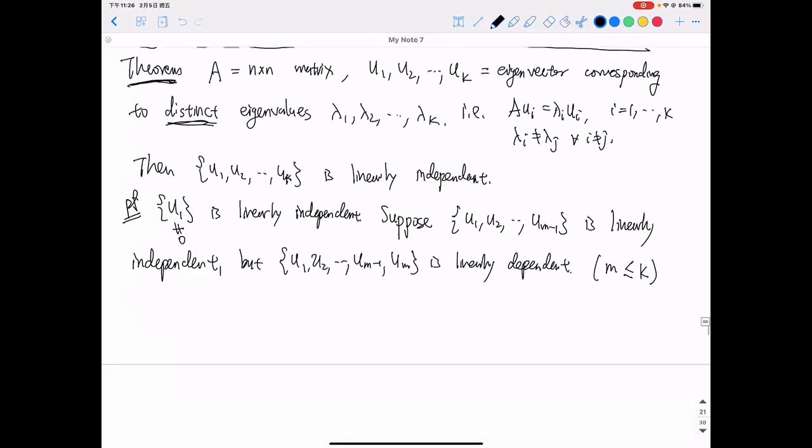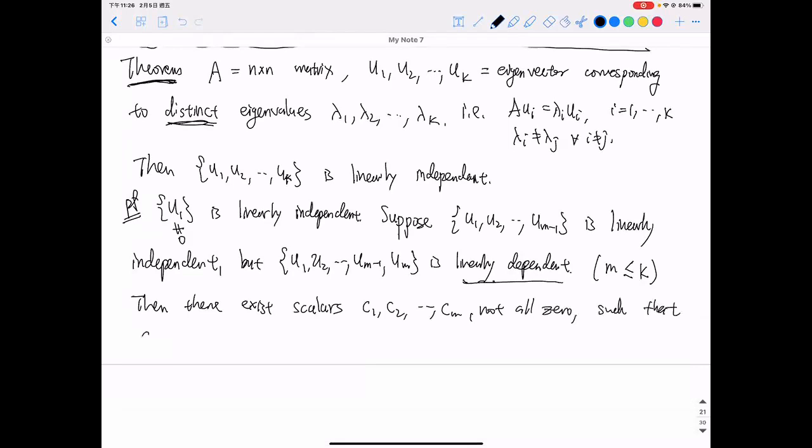Then what does this mean? Being linearly dependent here means that there exist scalars C1, C2 to Cm, not all 0, such that the linear combination equals 0.